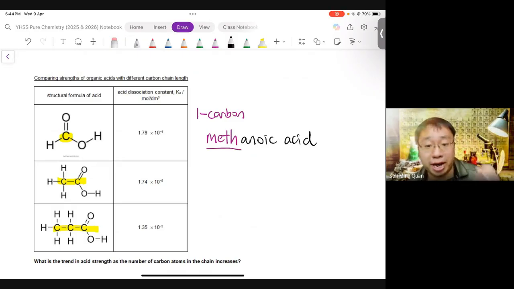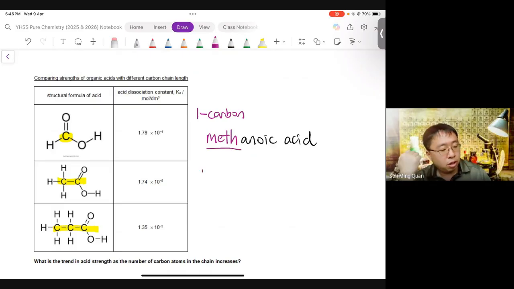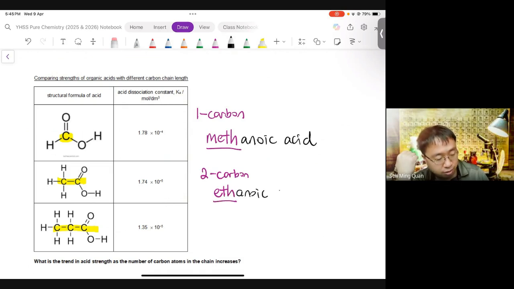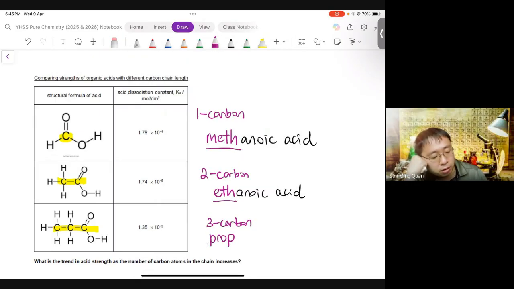Okay, so this is organic chemistry. This is how we name things in organic chemistry. I'll go to organic chemistry later, but just take note. 1 carbon is called meth. If there are 2 carbons in total, we call it eth. So ethanoic acid has 2 carbons. If there are 3 carbons, we will call it prop.